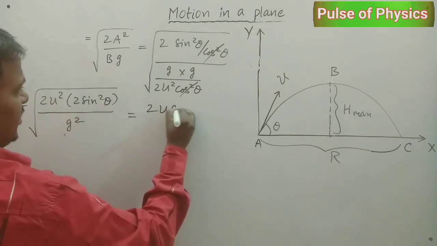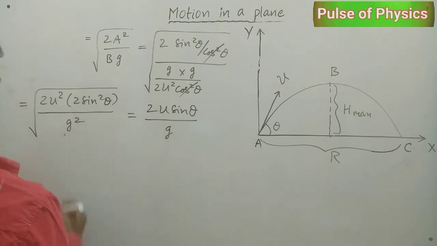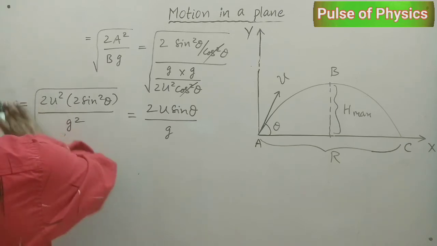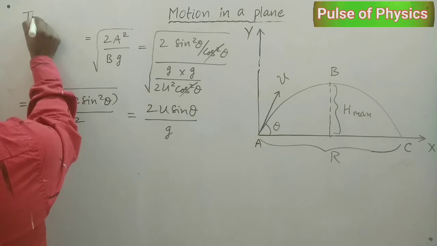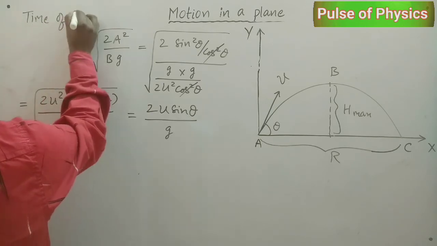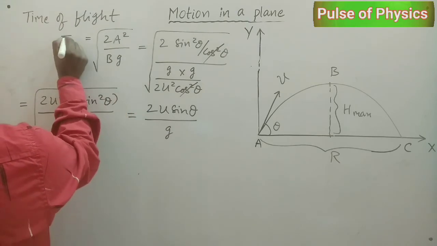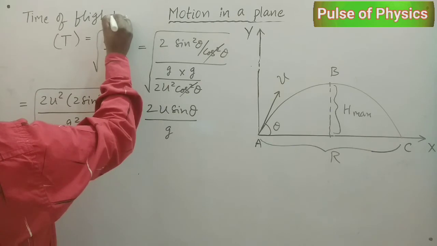Sin square becomes sin theta. G square becomes G. So this is giving what? Time of flight. So time of flight T is equal to root 2A square by BG.